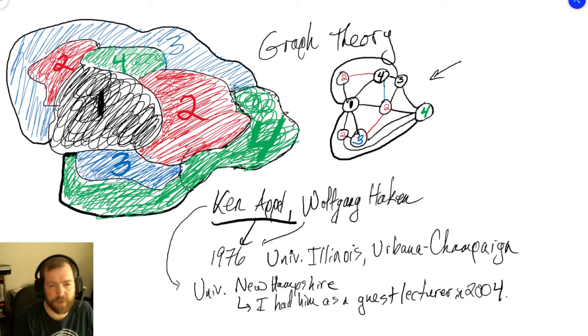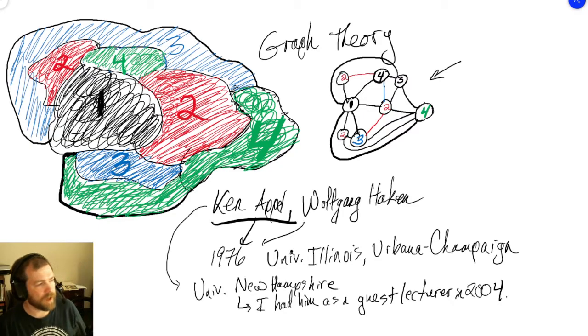All right, so Ken Appel, Wolfgang Haken, University of Illinois Urbana-Champaign, and Ken Appel came to the University of New Hampshire, goodness, I don't even know when that was, but he moved to New Hampshire in 1993 and taught until 2003 when he retired as professor emeritus.